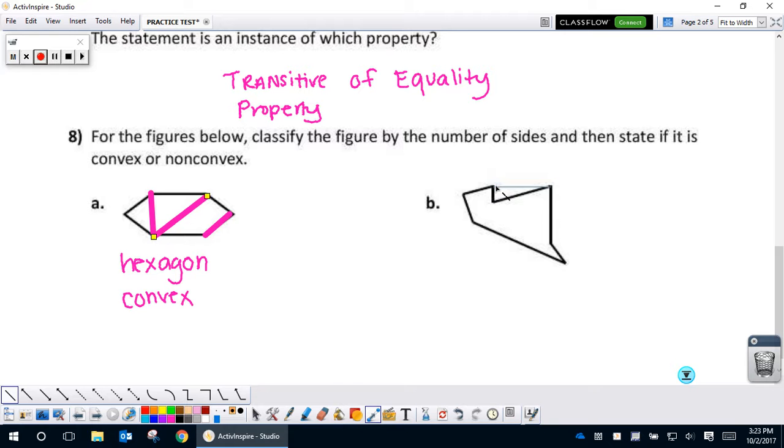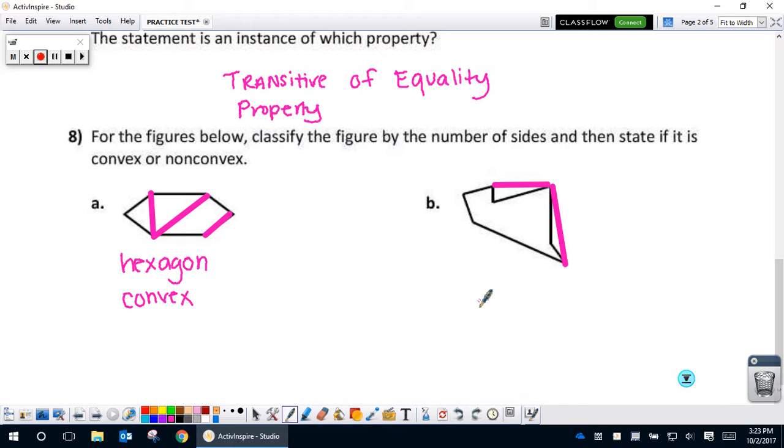Unlike if we came over here and drew from a point to a point, we would go outside of the figure. So this is non-convex. And I believe it has 7 sides, so it's a heptagon. You should know the names from sides 3 up to 10.